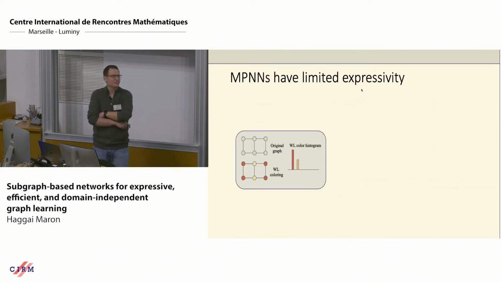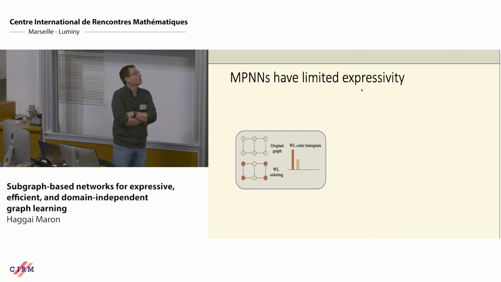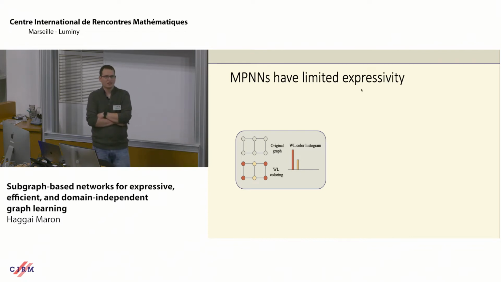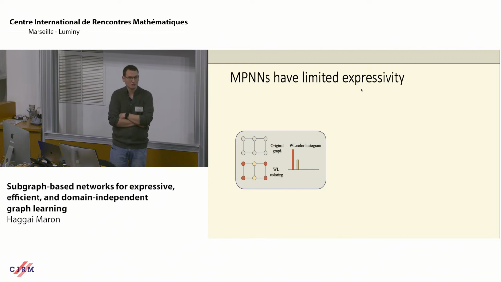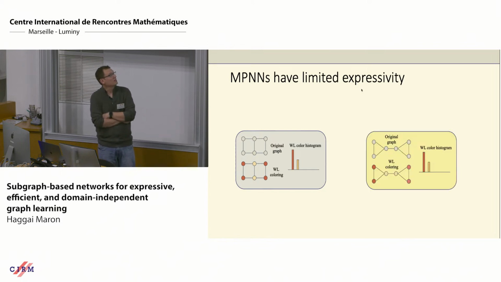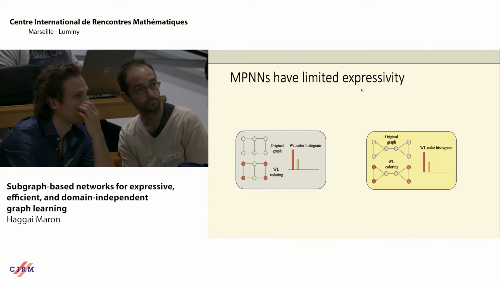So let's see an example for why MPNNs have limited expressivity in some more detail. We have this graph, the original graph, and if we apply message passing or WL to it, we will get the following coloring and the following histogram of colors. On the other hand, this is another graph. And obviously, this graph is not isomorphic to the previous one, but we get exactly the same histogram of colors.